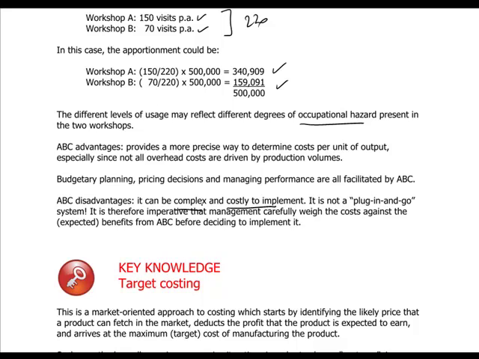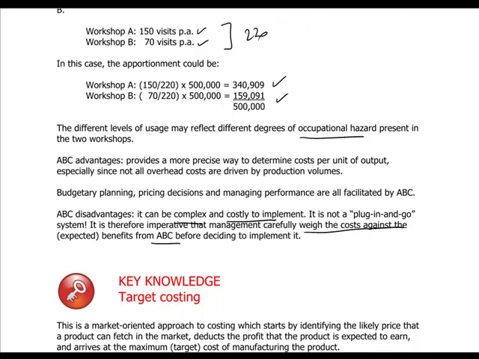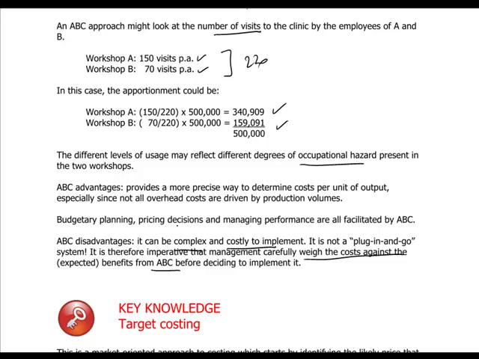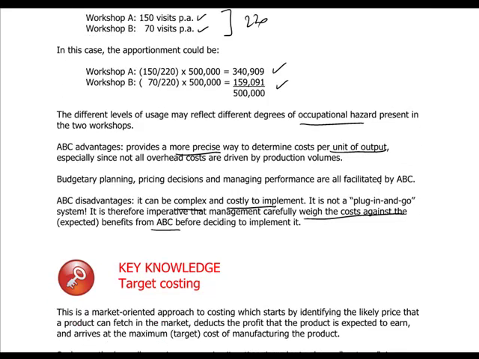It's not easy to implement, so management always has to take care to match costs against benefits from ABC. Further on, the advantages are obviously that the costs are more precise if you determine them based on ABC, and planning and pricing decisions can be much more relevant using ABC than traditional costing.